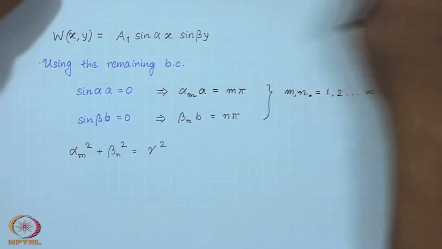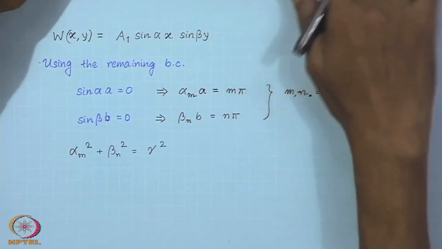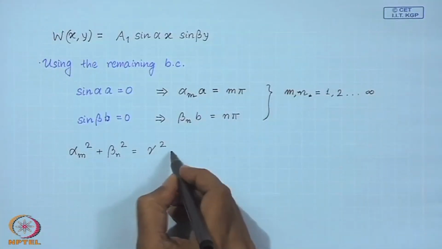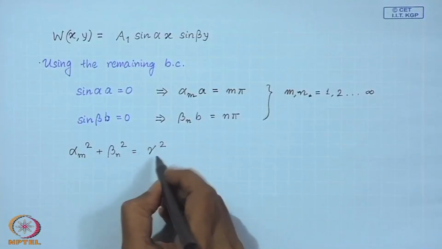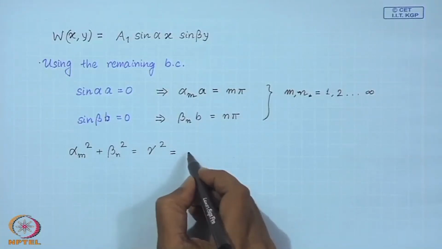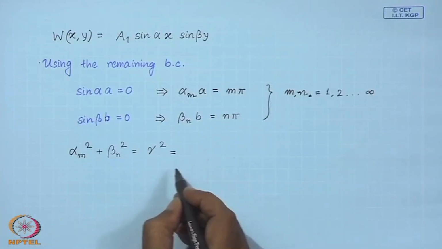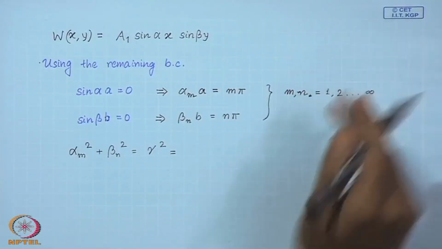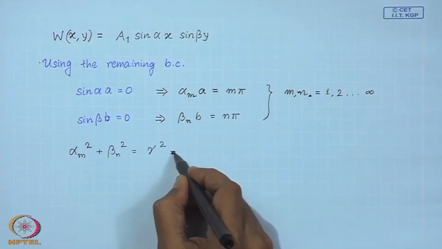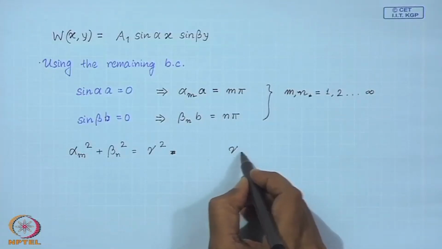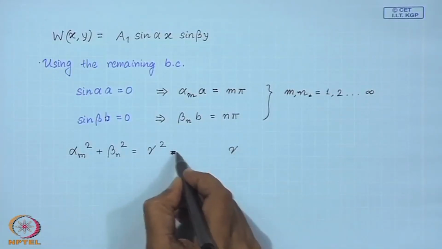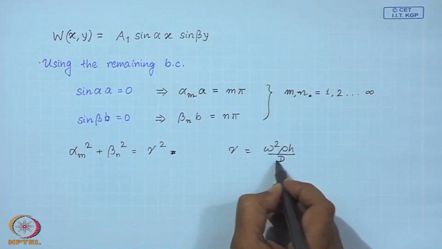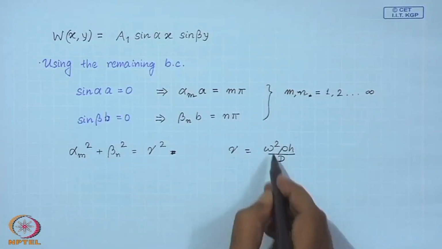If you look back, this gamma was defined as, so this gamma had this omega square.